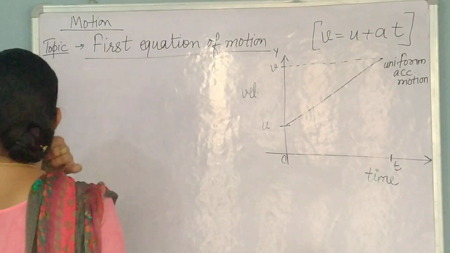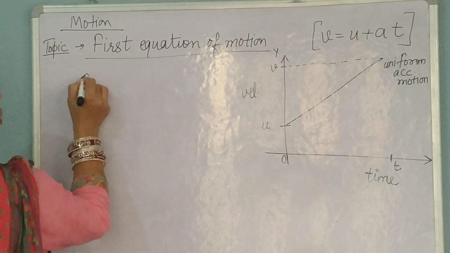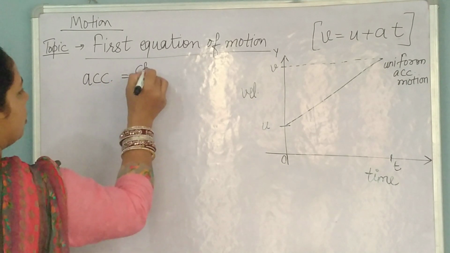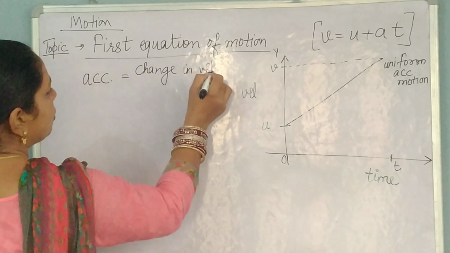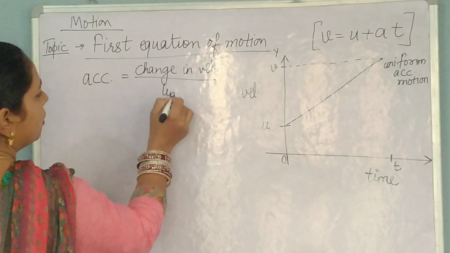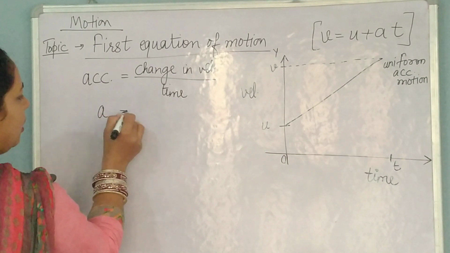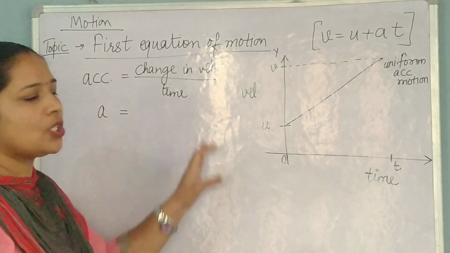Now we will find out acceleration with this graph. How will we define acceleration? Acceleration means change in velocity with respect to time. The symbol for acceleration is a. How can we find out change?